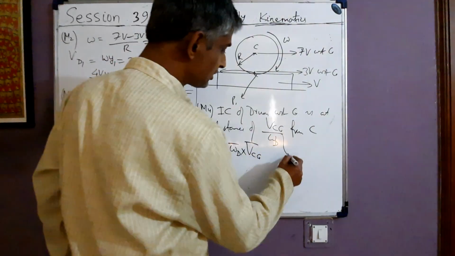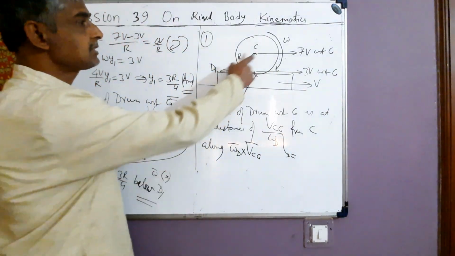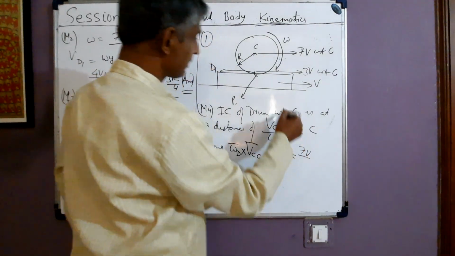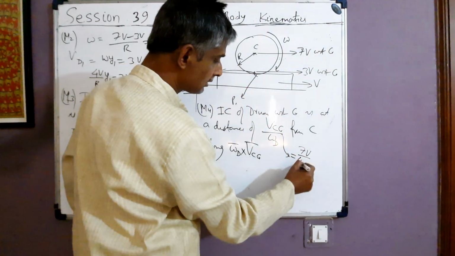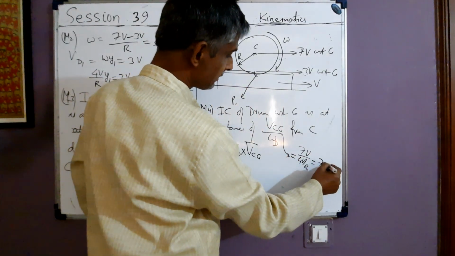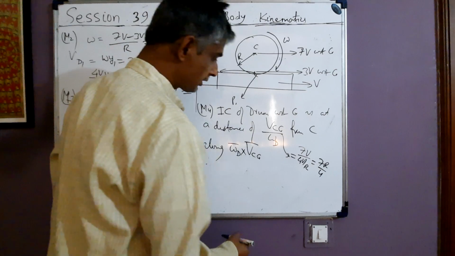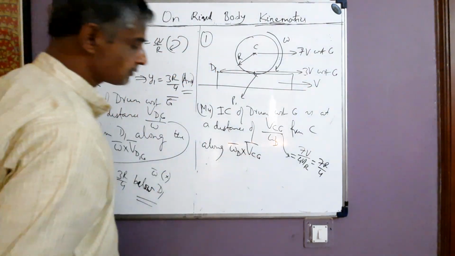First you evaluate this distance, VCG by omega d. VCG is 7v. Omega, as we determined, is 4v by r. So it is 7r by 4.